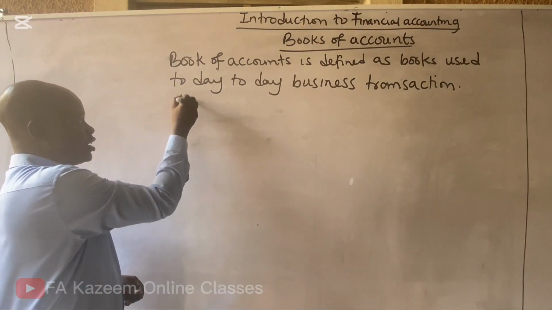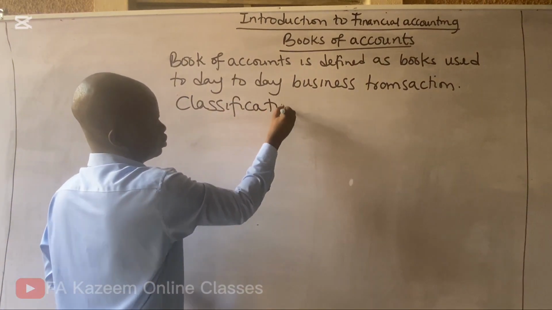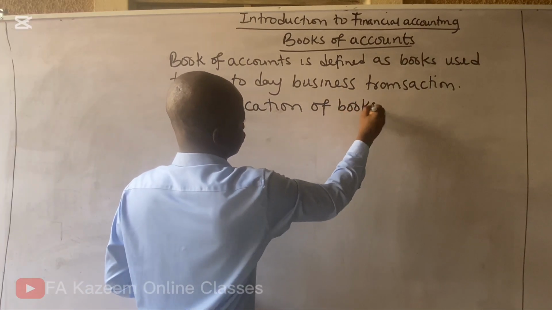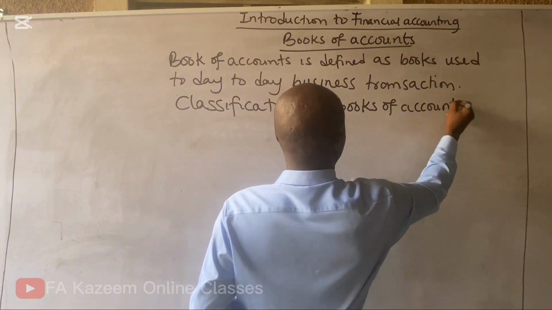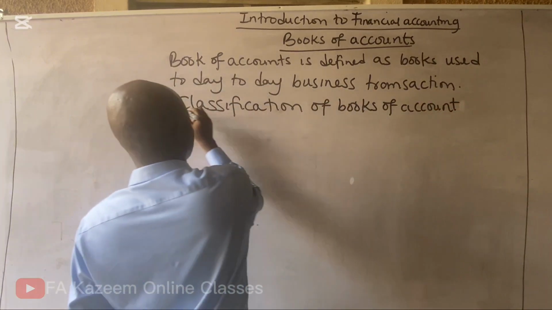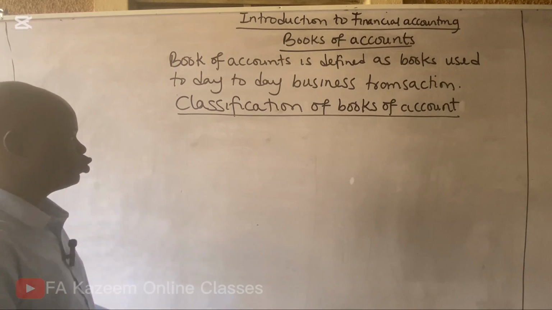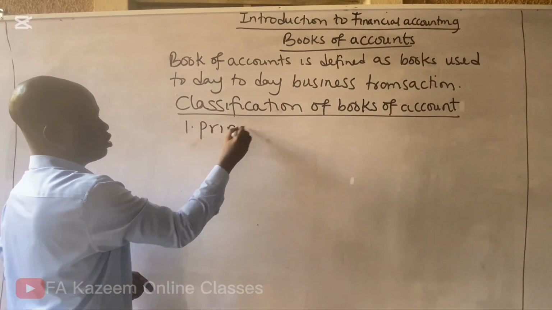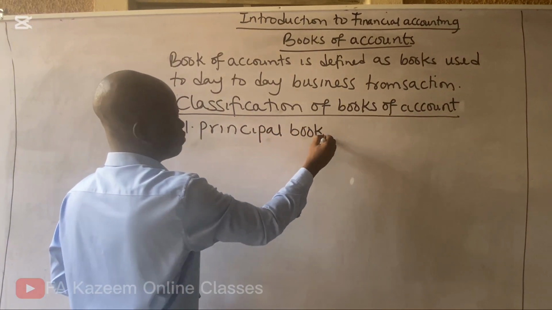And what is the classification of these books? Classification of books of accounts. Books of accounts are classified into two. One, we have what we call the principal book of accounts.